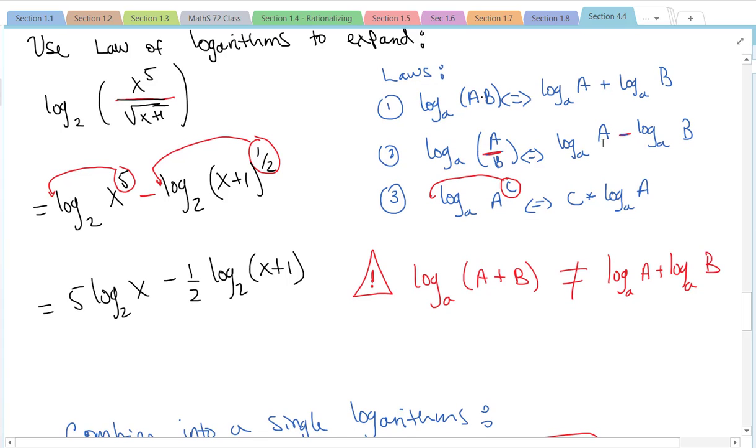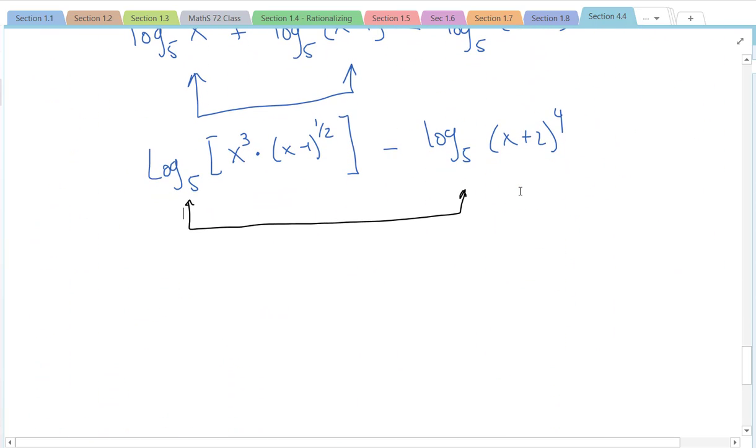So that means I can turn this subtraction of two logarithms into a single logarithm by dividing the insides. So this one is going to be the log base 5, and I'm going to divide the insides.